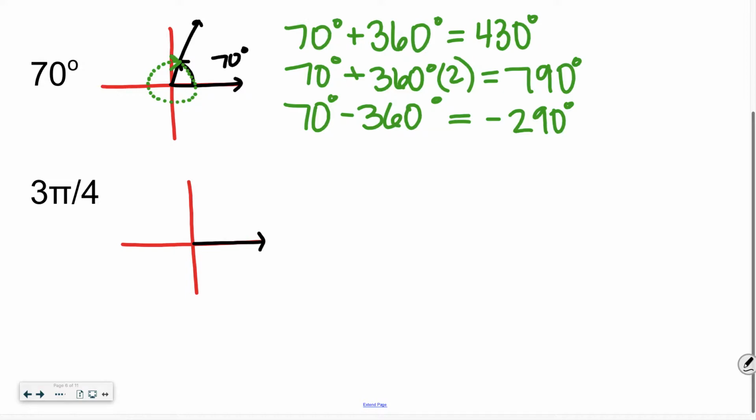Braden, where does 3 pi over 4 live? Quadrant 2. And it's going to split it, right? 3/4 pi is going to be exactly in half from 1/2 and 1. Okay? So here is 3 pi over 4.